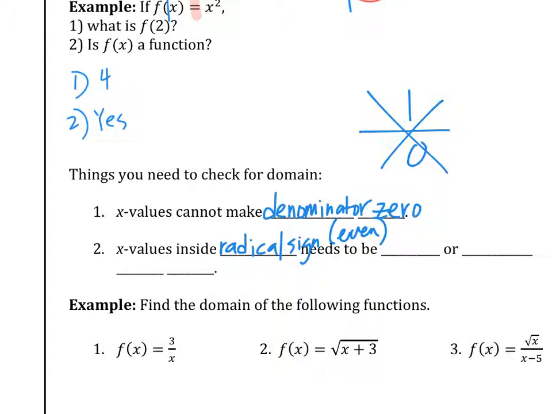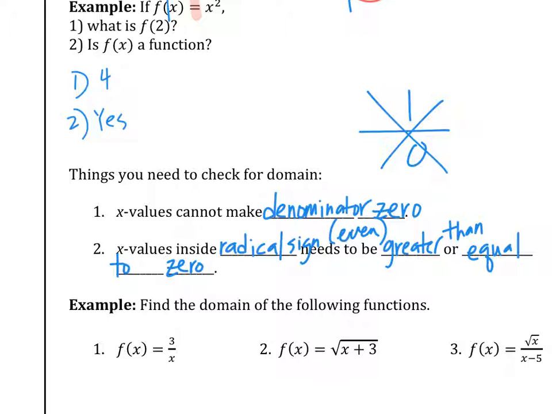Inside the root, it has to be greater than or equal to 0. Remember, inside your radical, you have to be greater than or equal to 0.